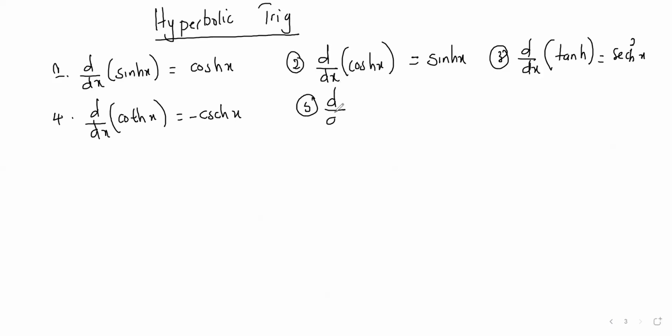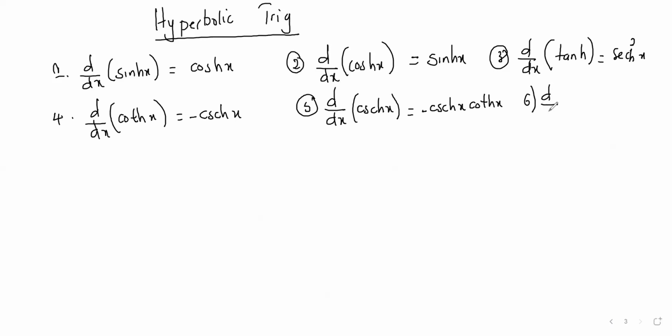And five, of this guy is going to be negative cosech, like that.